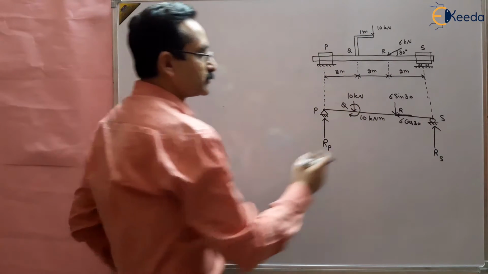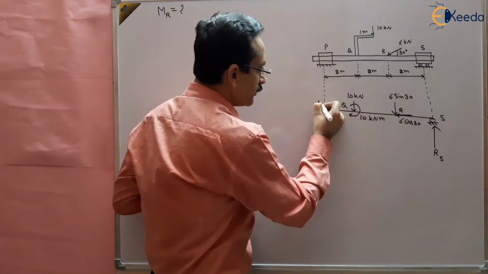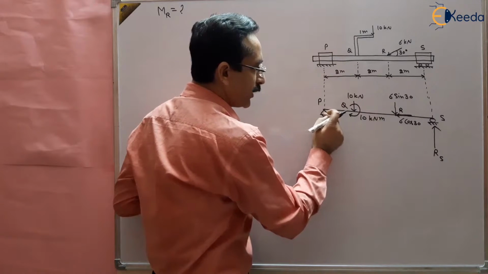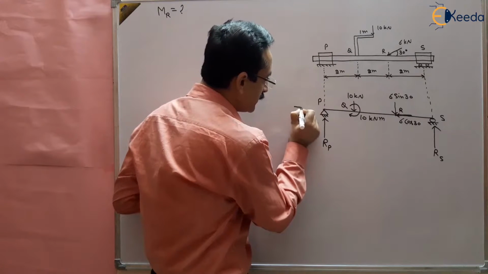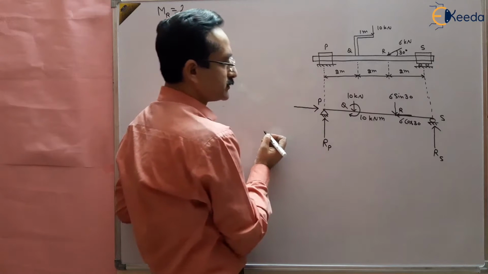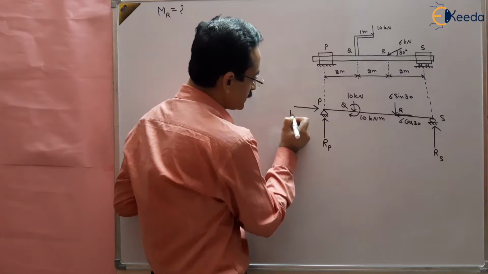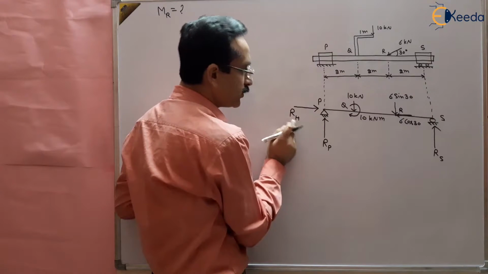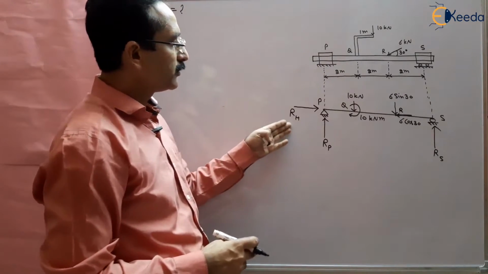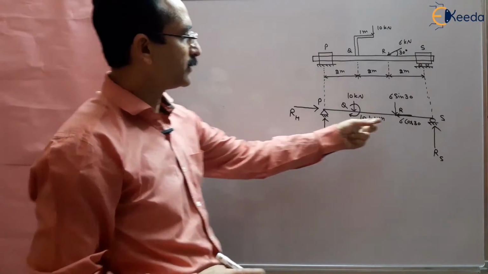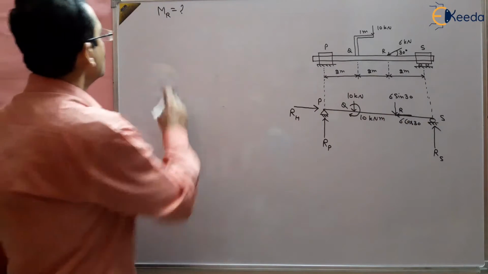There is also a reaction in the horizontal direction, because the hinge joint can take horizontal as well as vertical reaction. This is the horizontal reaction RH. It is not needed when taking moments at this point, because it passes through R itself.